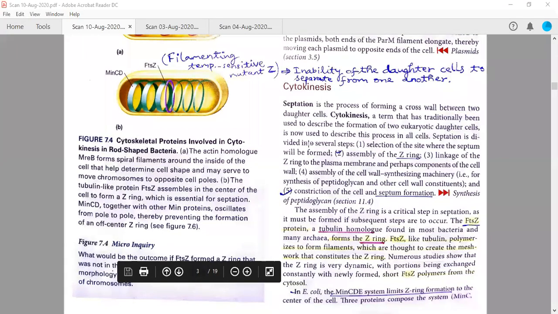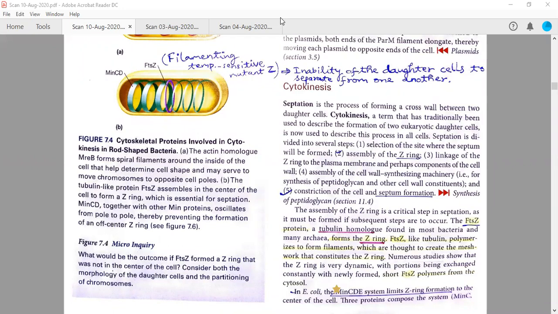So what you need to remember from this: one, this is made up of three different proteins, and second, this Z ring is a homolog of tubulin. I told you already.